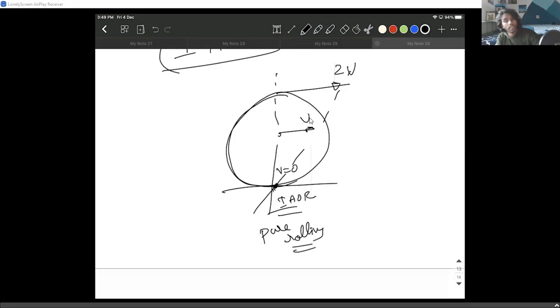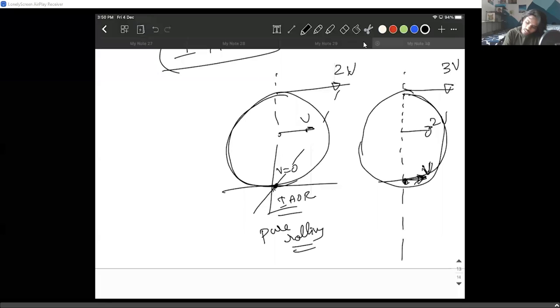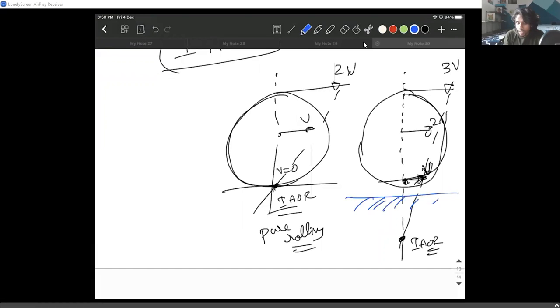But if the velocities are not this, like let us say this has 3v velocity, this has 2v velocity, this has also some velocity, the bottommost point also has some velocity. Now you try to find the instantaneous axis of rotation, it is coming somewhere around here, outside the body. And you can also say one more thing, that compared to the ground, the bottommost point is sliding forward.